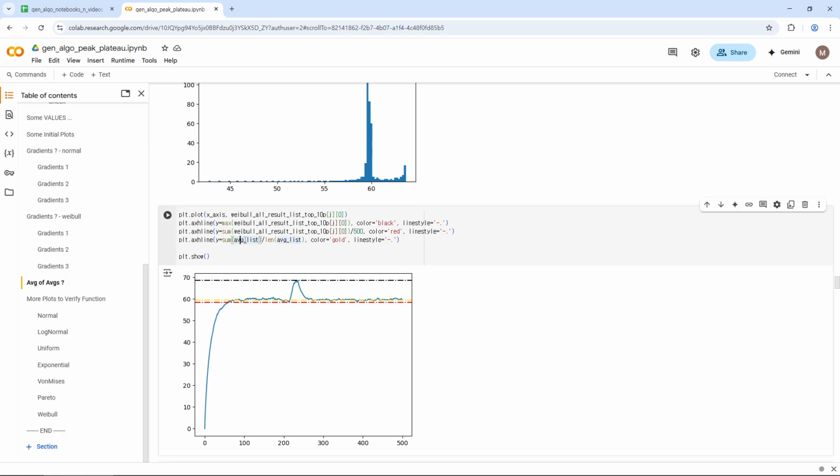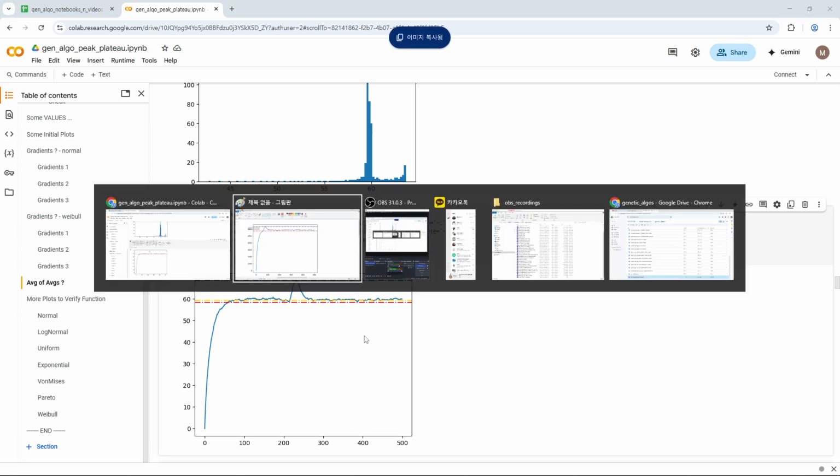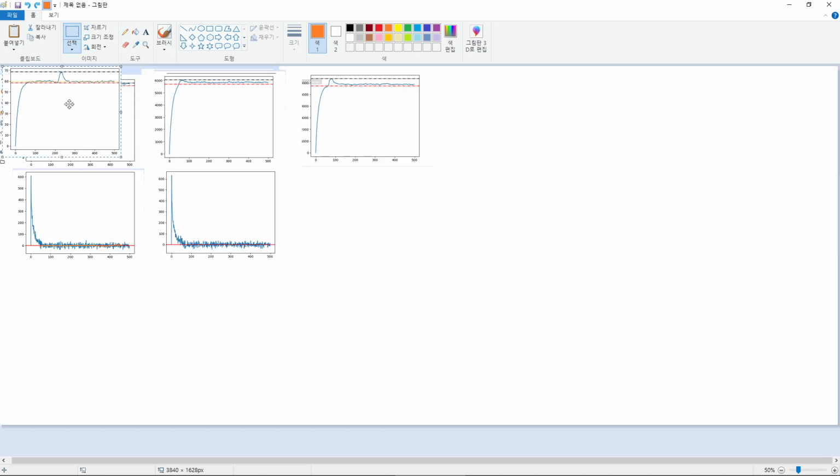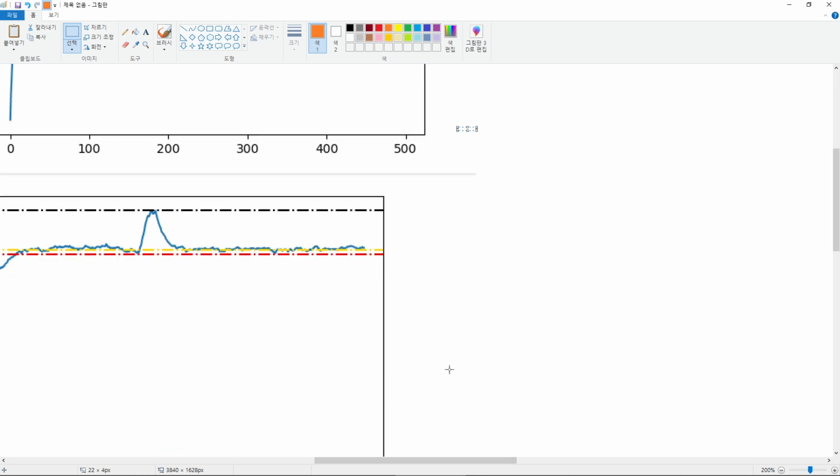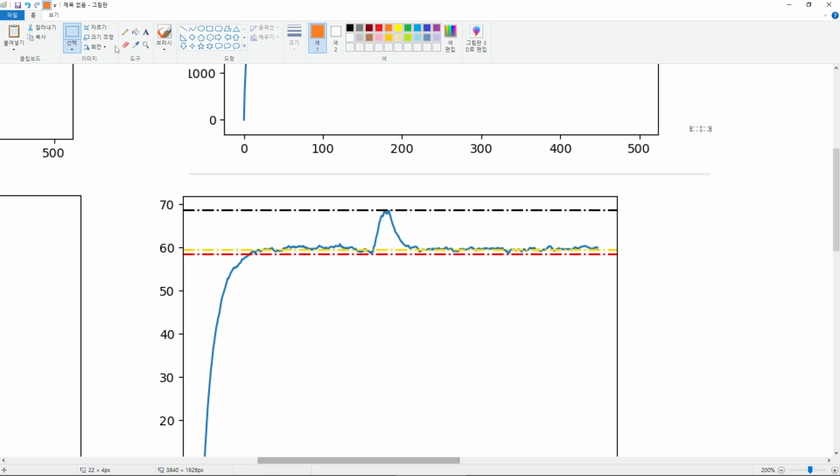See, sum of average lists divided by length of average list, which is the average of averages in gold. So that is this line. And if we zoom in, that is this line.